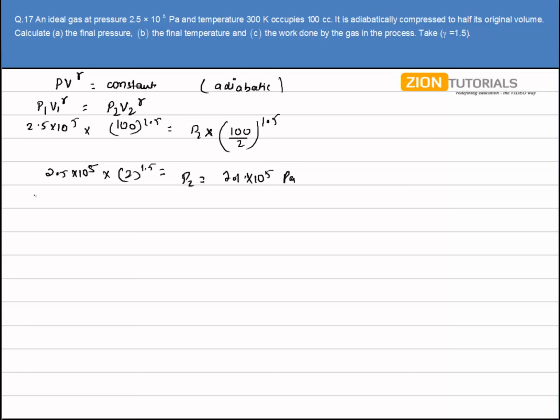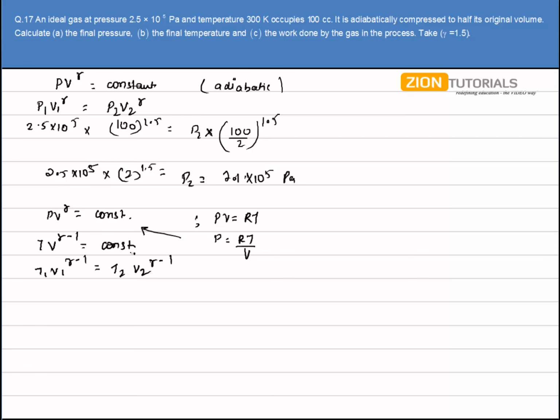In the second case, we have to calculate the final temperature. As I told you, PV^gamma is a constant value and we know that it is an ideal gas, so PV is equal to RT. So just replace pressure by RT by V, and I get T V^(gamma minus 1) as a constant value. So I can write T1 V1^(gamma minus 1) is equal to T2 V2^(gamma minus 1).